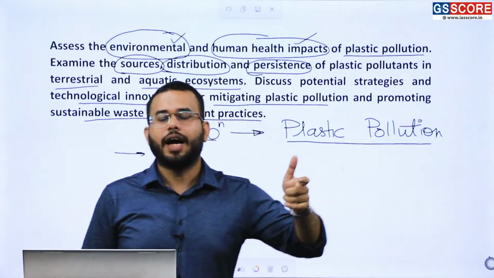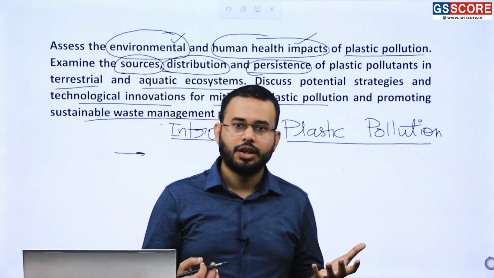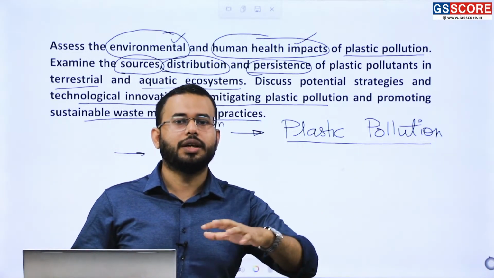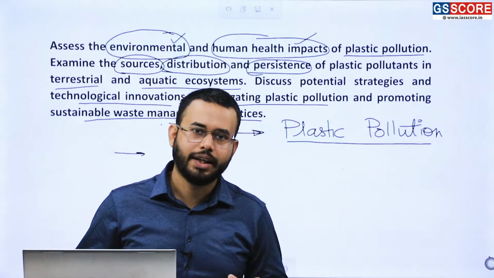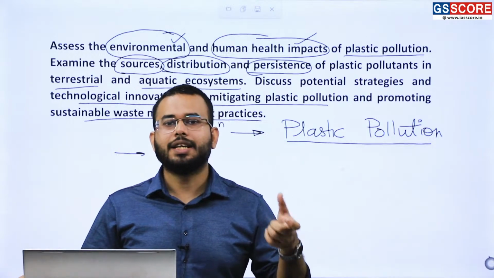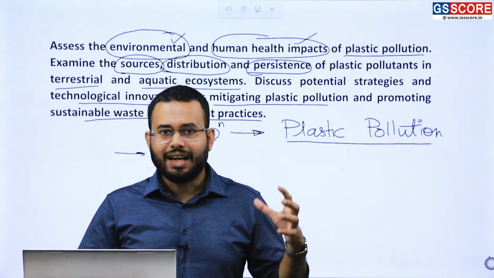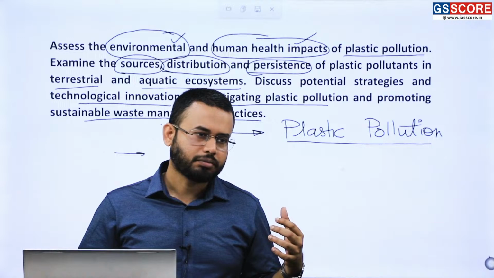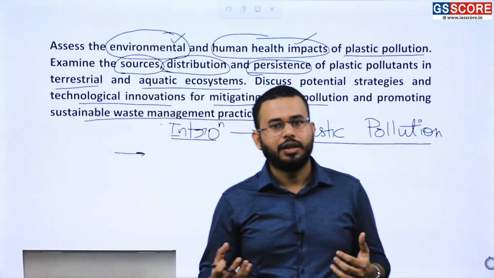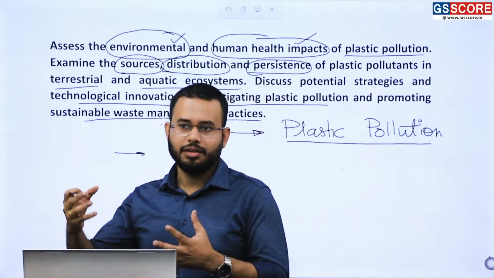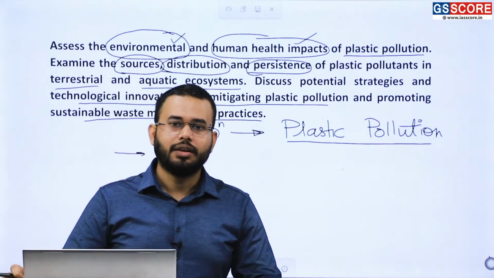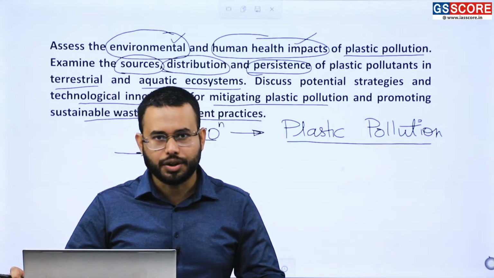And the second aspect is the large scale usage. From our day-to-day activities, if you see, plastic is used in a range of areas, right? Why? Because it is low cost and easily manufactured, right? So that leads to environmental impact, because the disposal of the plastic is not proper, so it remains in the landfills or in the soil for a longer period of time. So it leads to environmental pollution in that way.